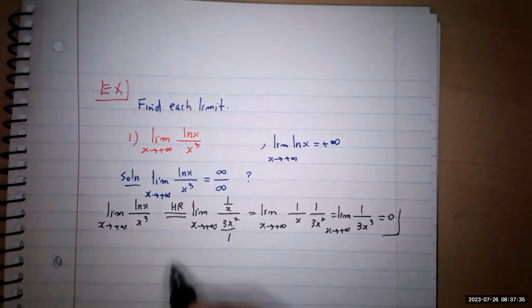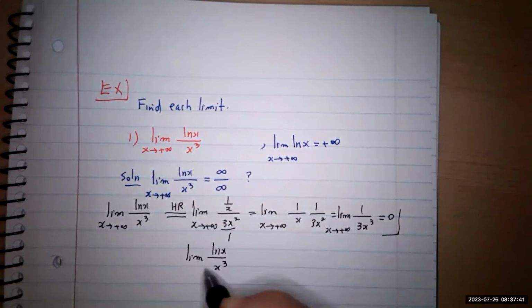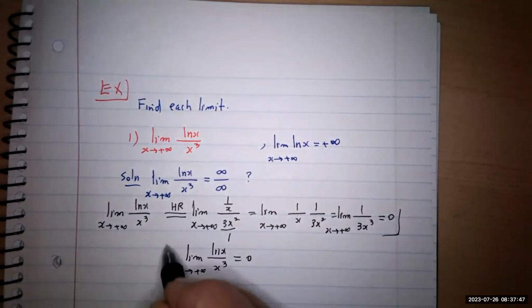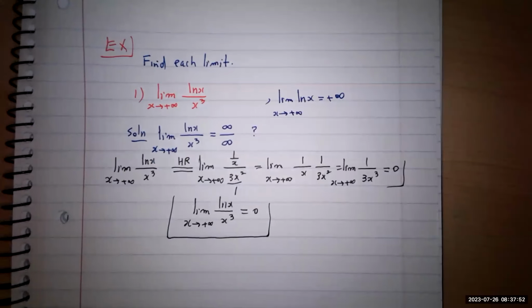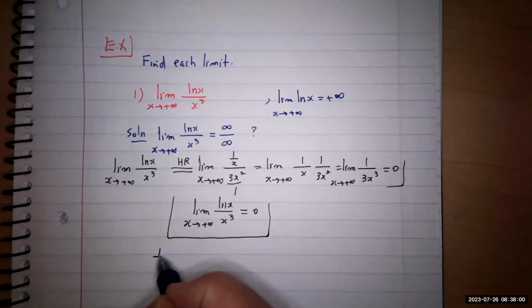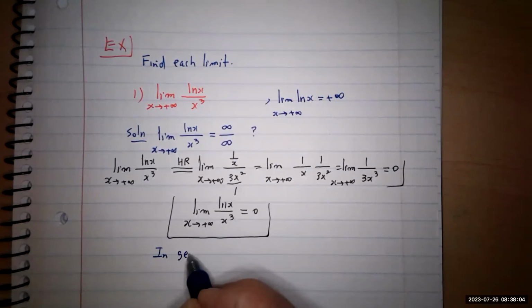Okay, so the original limit, the limit of ln x over x cubed, when x goes to positive infinity, is simply equal to 0. It's a very easy case, but a very important application problem. It doesn't matter which power you have. So in general, but remember, you cannot use it. You can use it for your information only, but you have to prove it for any power we give you.